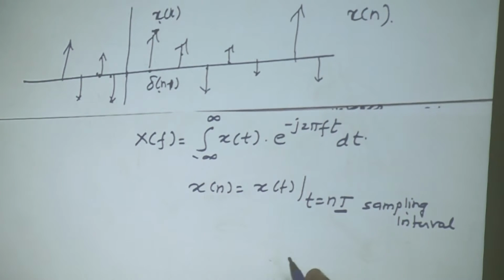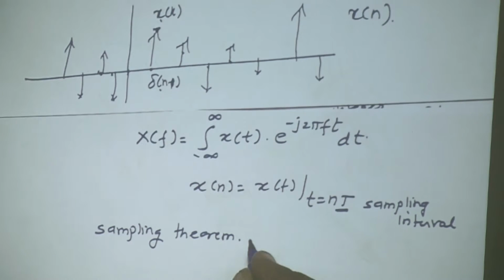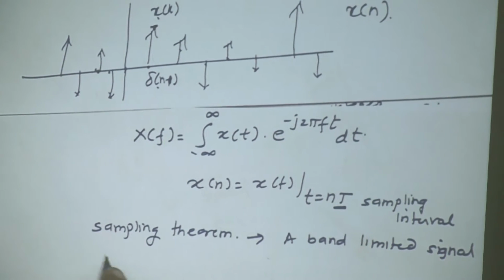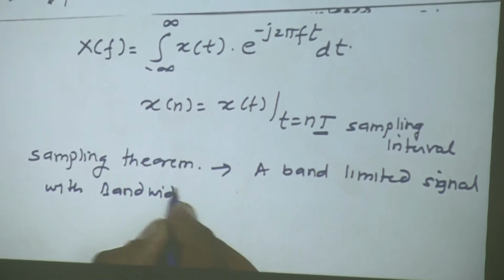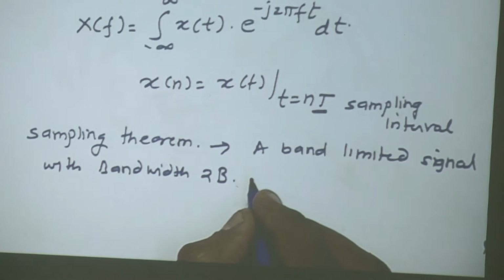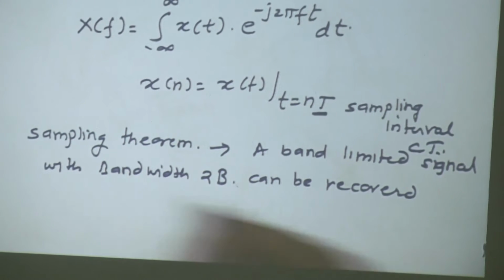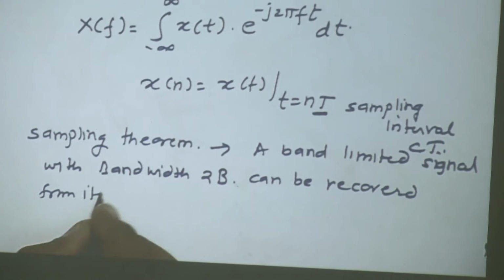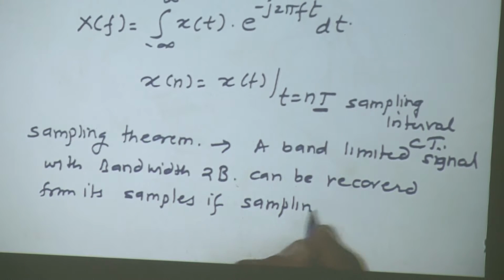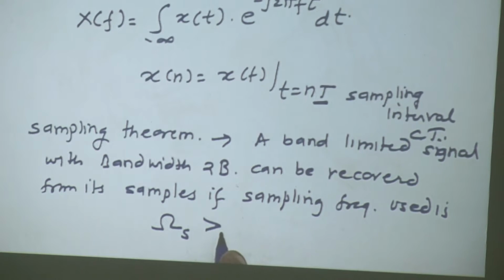This is chosen by using the sampling theorem, which states that a band limited continuous time signal with bandwidth 2b can be recovered from its samples if the sampling frequency used is omega s greater than or equal to twice b.